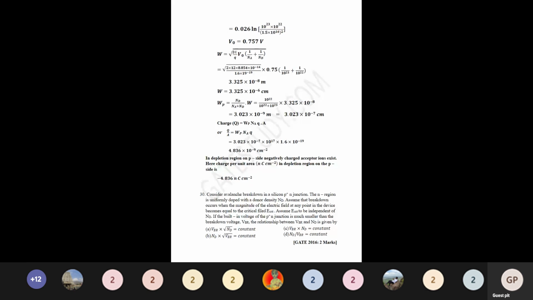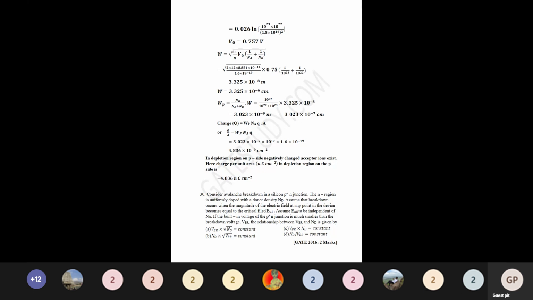The width is root of 2 epsilon by q V naught of 1 by Na plus 1 by Nd, which is equal to 3.325 into 10 to the power minus 6 centimeter.